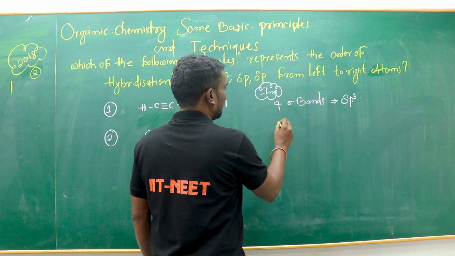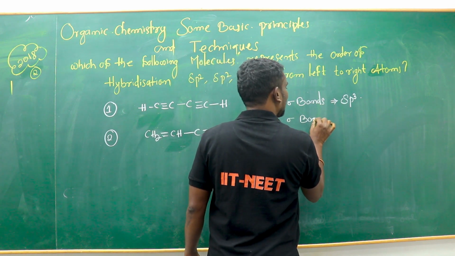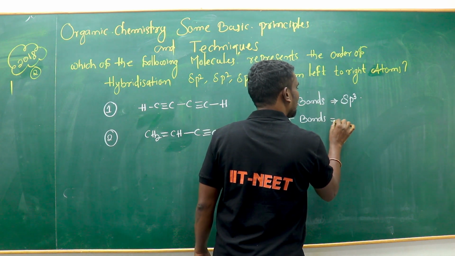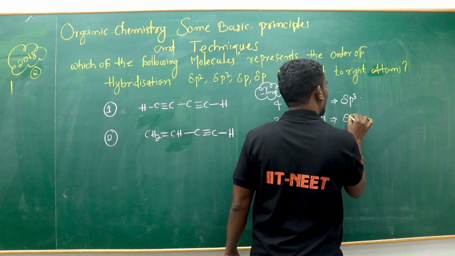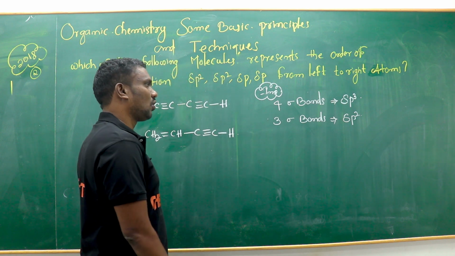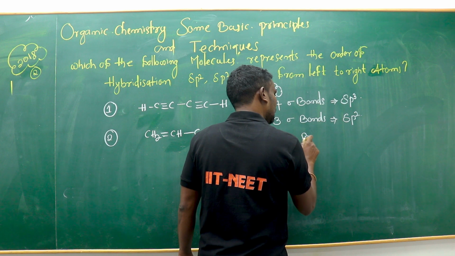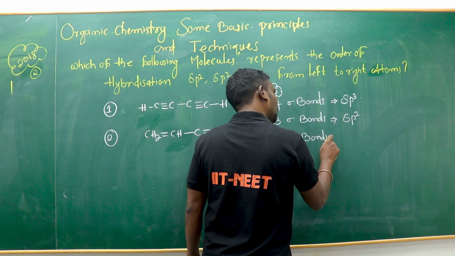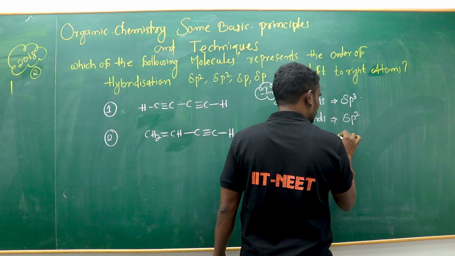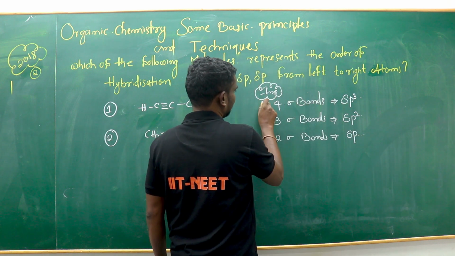Now observe carefully, beta. If there are 3 sigma bonds, beta ji, that belongs to sp2. If 2 sigma bonds, that belongs to sp, my dear.